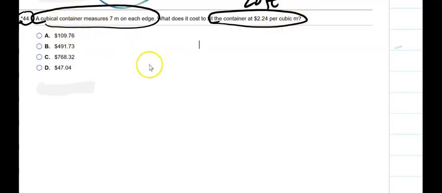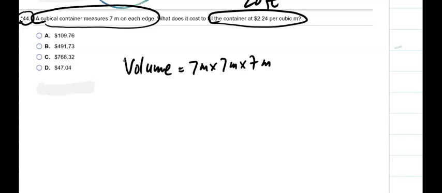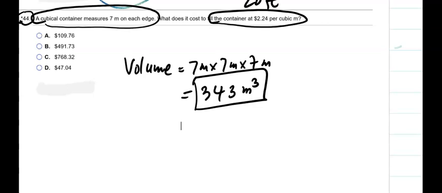So let's see how much volume the container includes. Let's find the volume of the container, which equals 7 meter times 7 meter times 7 meter, because this is a cube and all sides are the same. It's going to be 343 cubic meter. That's how much volume we need to fill. $2.24 means $2.24 per 1 cubic meter.